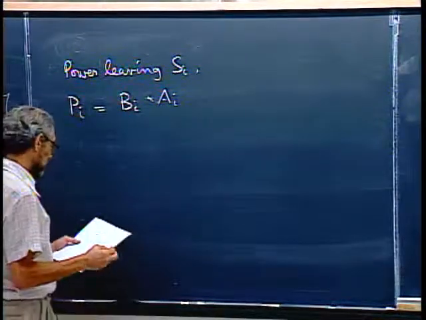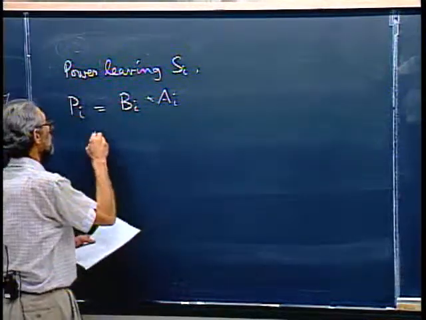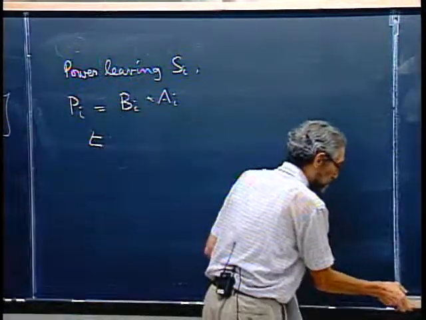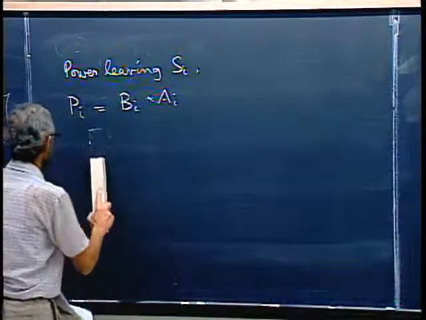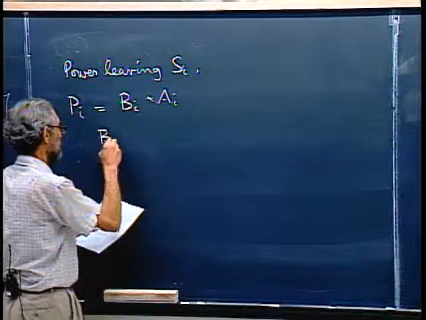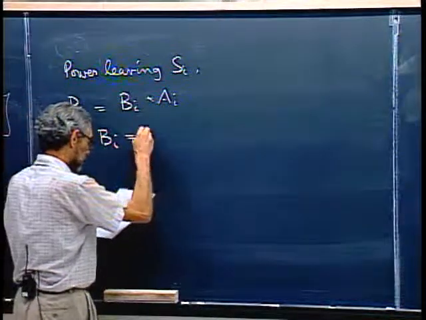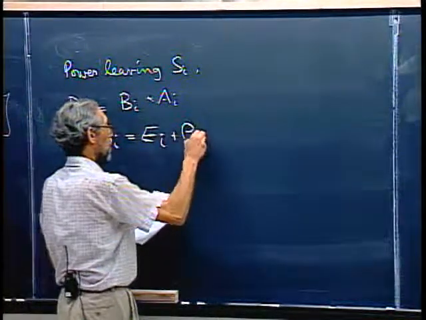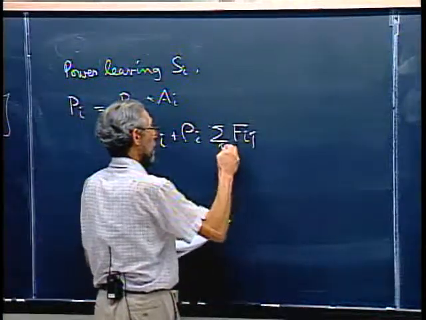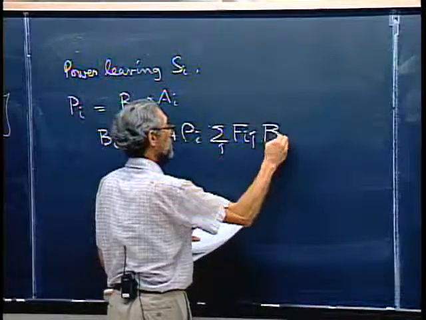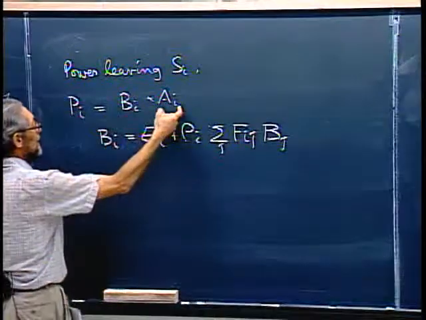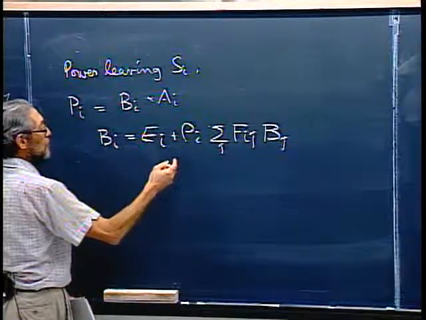So if we take the basic equation that the radiosity satisfied, this is sort of equivalent to our integral equation, only we discretized it by the finite elements. We had Bi equals Ei plus rho i times the sum of form factors times Bj, and we multiply both sides of the equation by Ai.